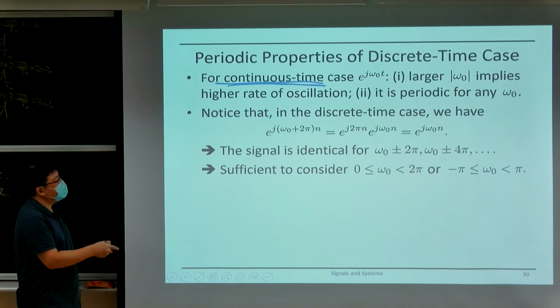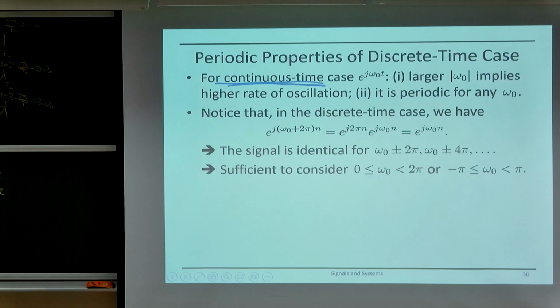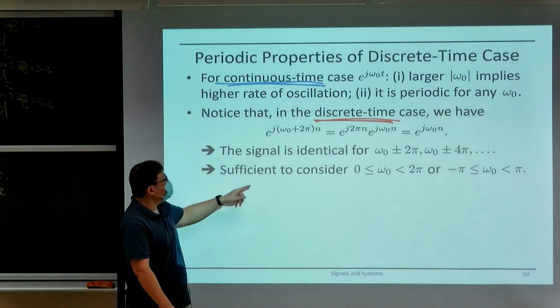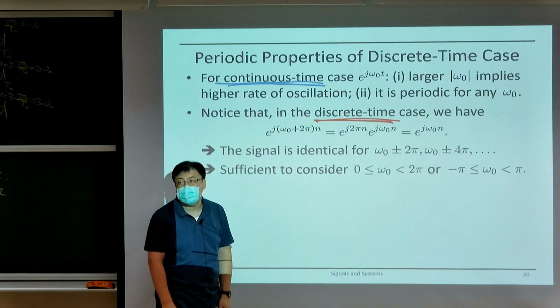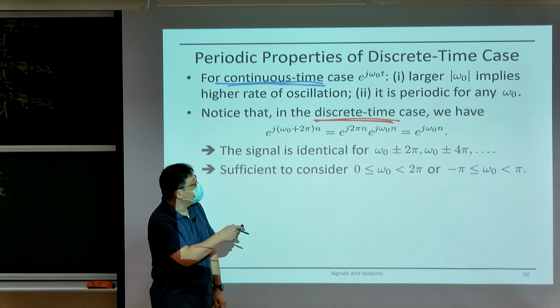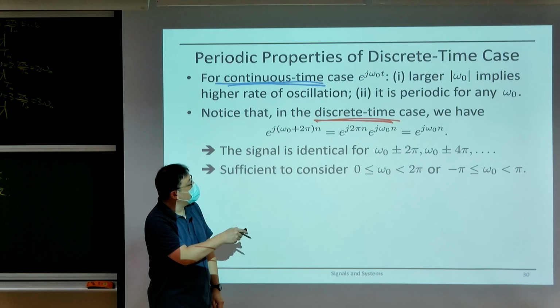But in the discrete time case, e to the j (omega naught plus 2 pi) n is equal to e to the j 2 pi n times e to the j omega naught n.